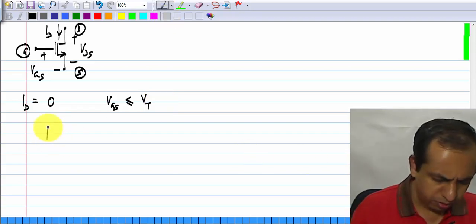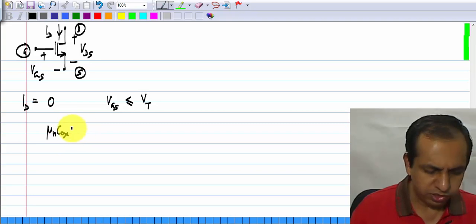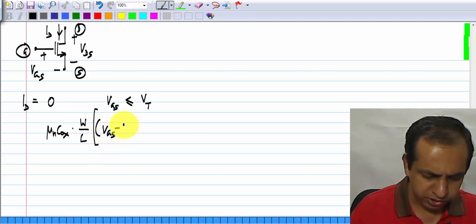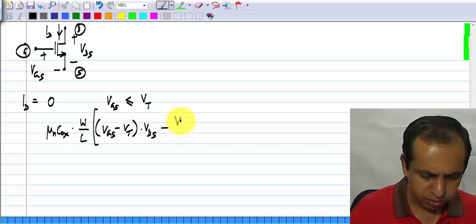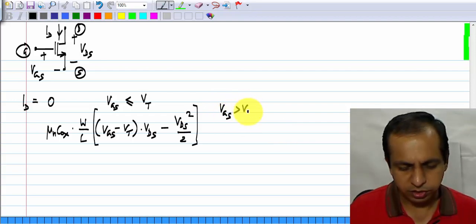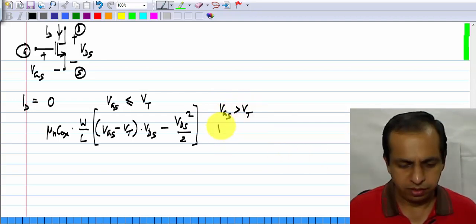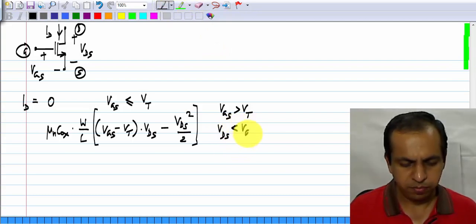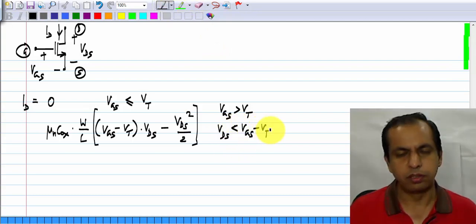ID is equal to some other constant mu on Cox W by L times VGS minus VT times VDS minus VDS square by 2, and this is when VGS is more than VT and the drain source voltage VDS is less than VGS minus VT.